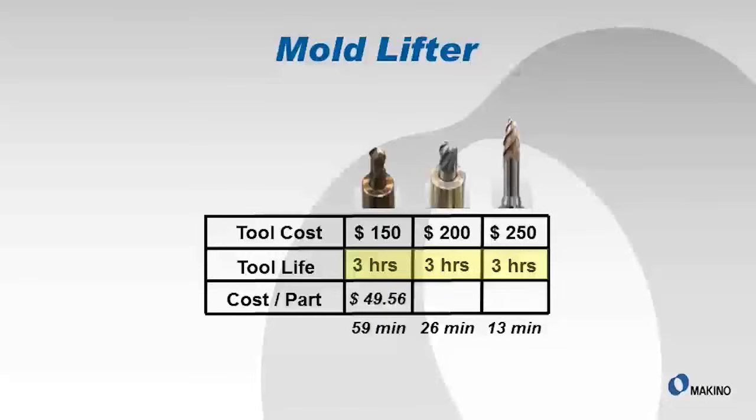Well, if you figure out your cost per part, it's almost $50 for op A, $29 for the second approach, and $18 for the third approach.